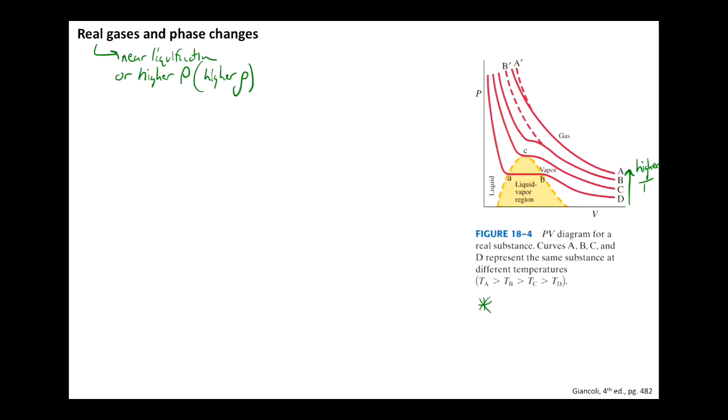So on this particular graph, the dashed lines are what is predicted by the ideal gas law. And the solid lines are, we'll say, actual behavior, actual or real. Solid lines indicate what actually happens.